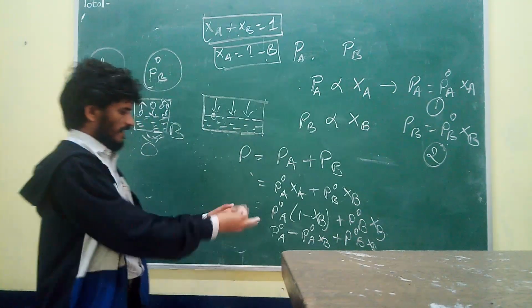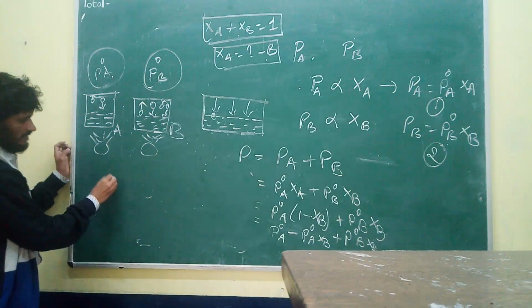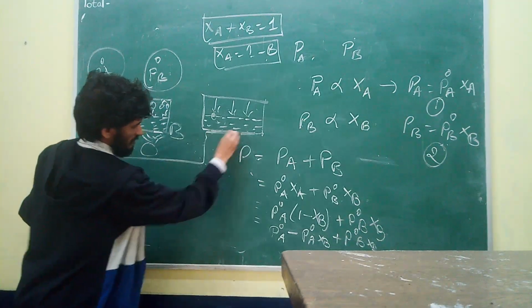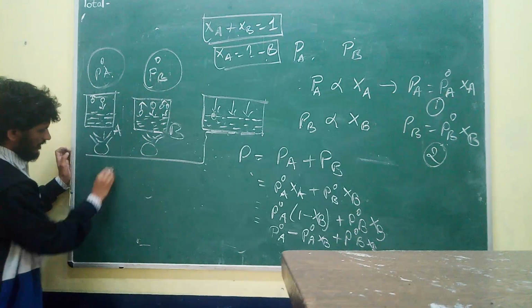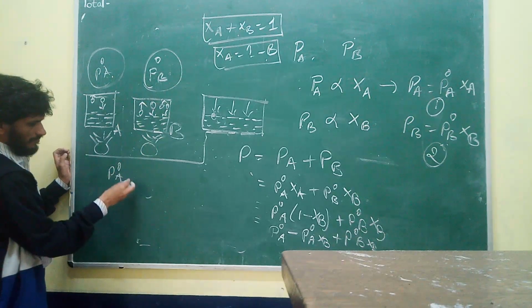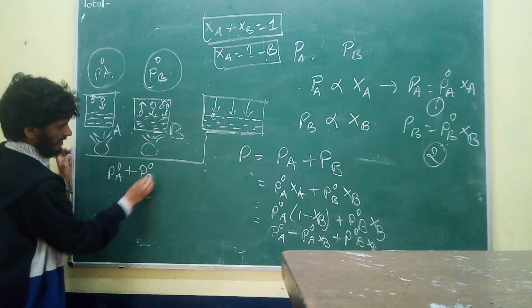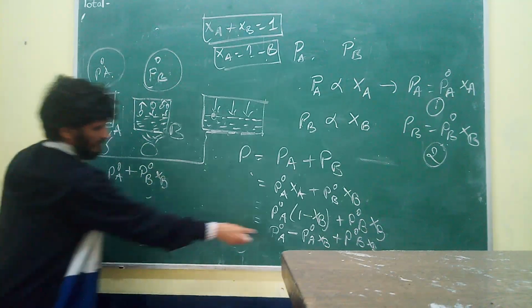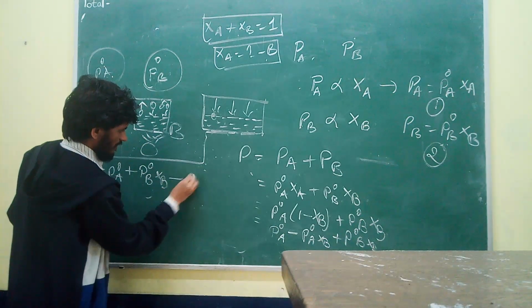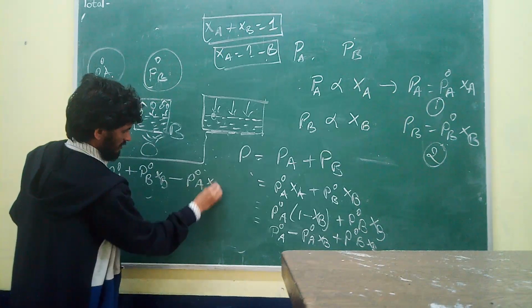With the positive values we write one side, that is P naught A, and the negative value is P naught A XB.